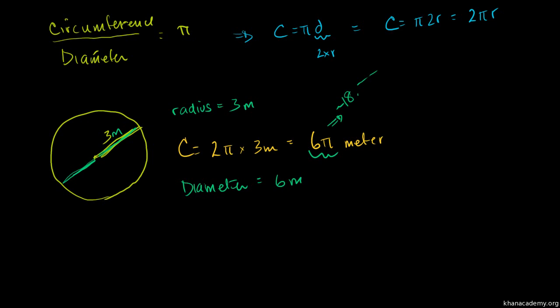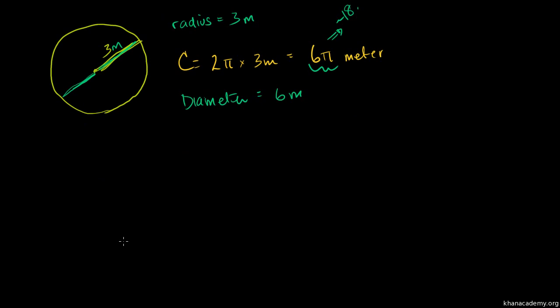Now let's go the other way. Let's say I have another circle here. And I were to tell you that its circumference is equal to 10 meters. That's the circumference of the circle, if you were to put a tape measure to go around it. And someone were to ask you, what is the diameter of the circle?